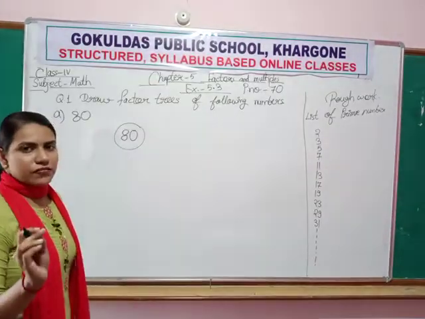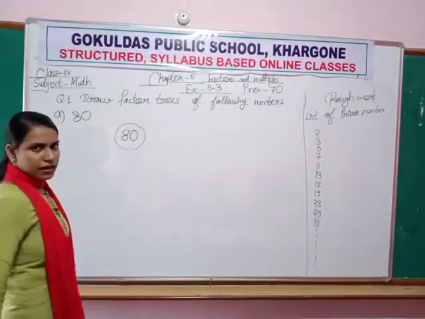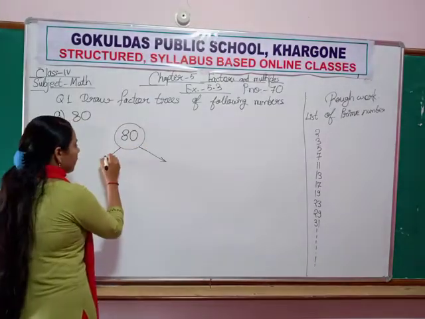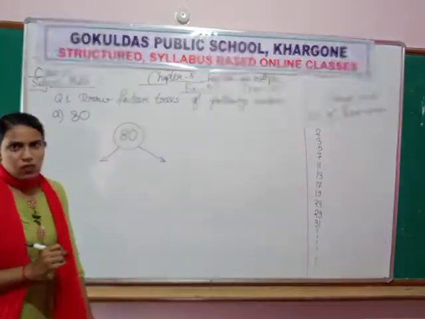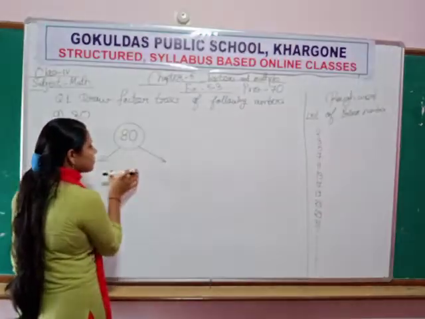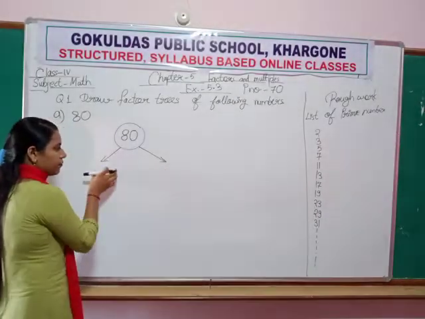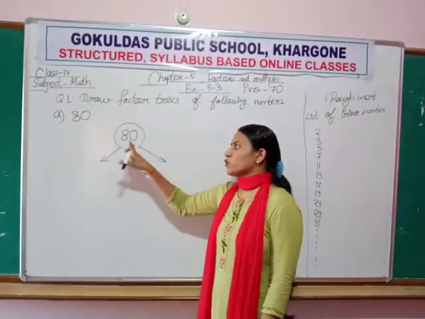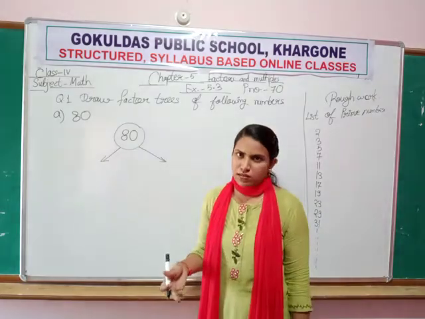Now make two branches, and choose two such numbers whose product gives you 80 as the result.